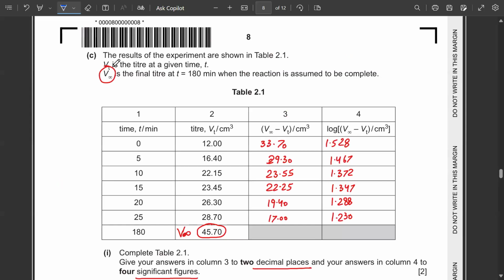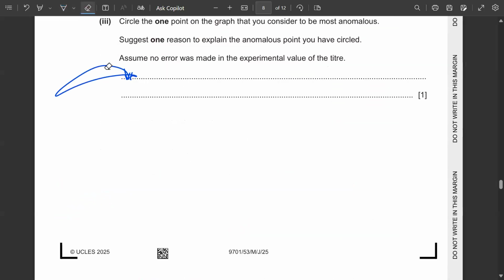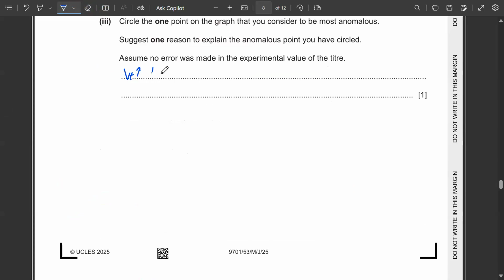Just give me a minute, please. Okay, we say VT is higher because the actual time of sample removed, that is basically titer. Removed means titer.